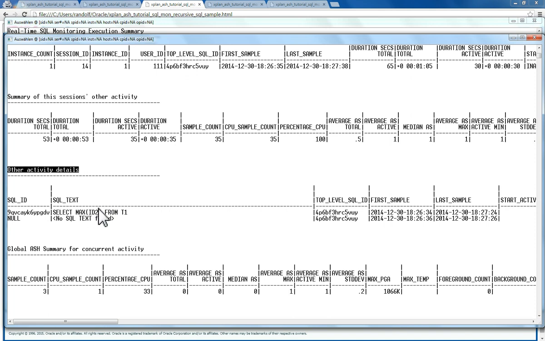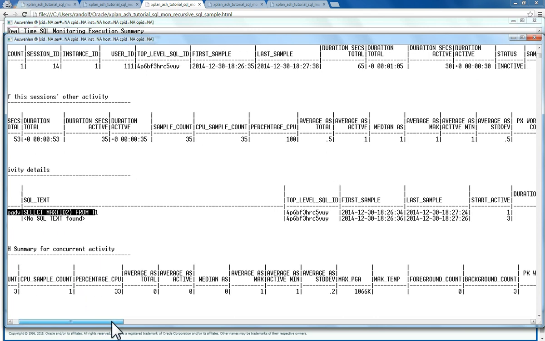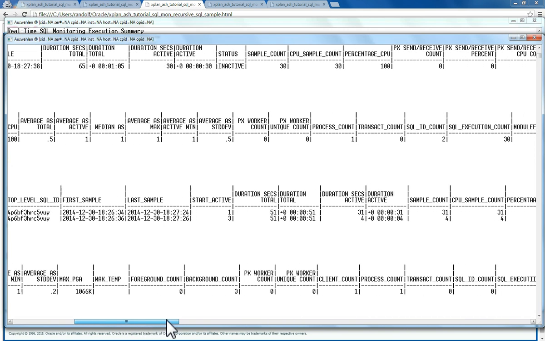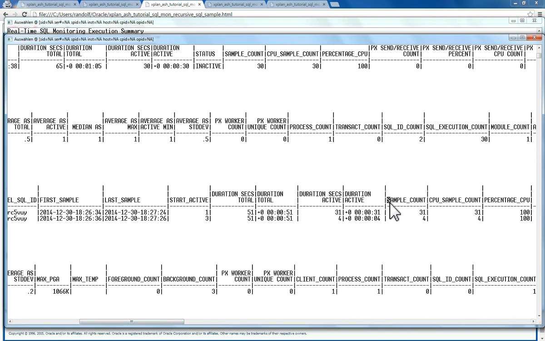But in this case, since we have other activity, we get a top to bottom analysis, which means those that come first are most relevant in that sense. So they are basically just ordered by sample count descending.